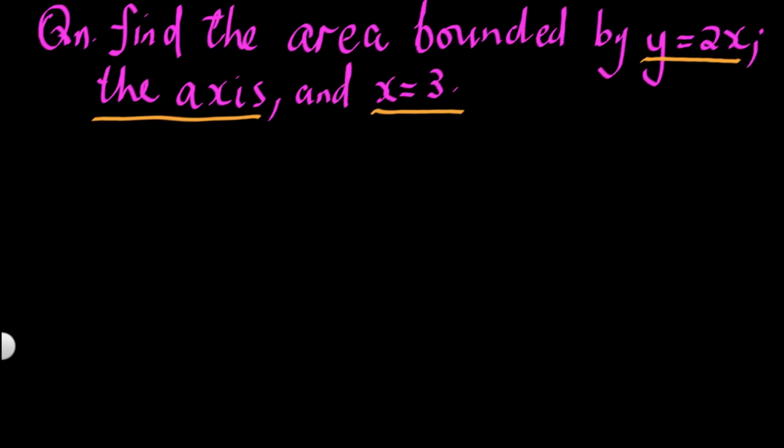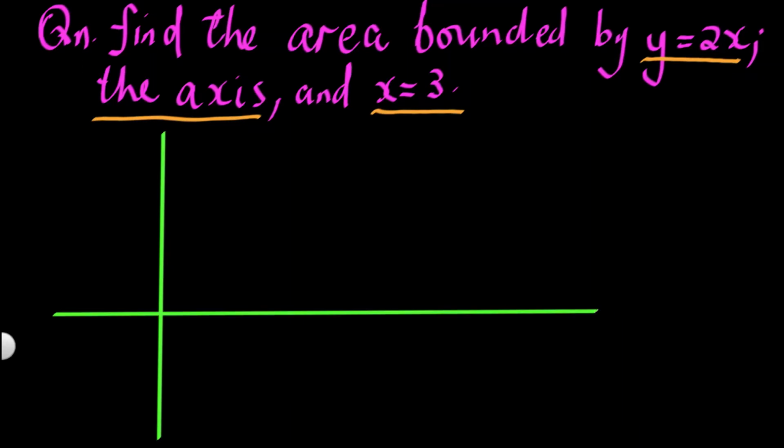Now we have to sketch this. This is the first step, as I said. You sketch this on a Cartesian plane. Let me do the sketching. So let us say this is my y-axis and this is my x-axis, and from here I can sketch this line y equals 2x.